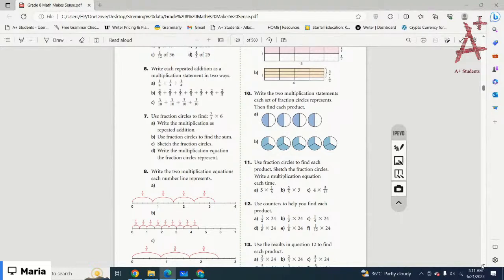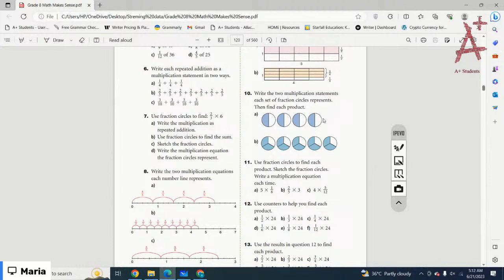Okay, so the A part is, you can see you have a circle with two portions and half of the portion is colored. Got it? So how many do you have? 1, 2, 3, 4.